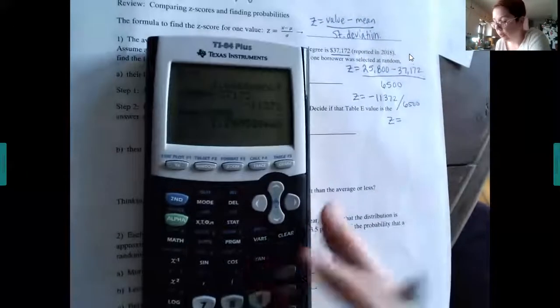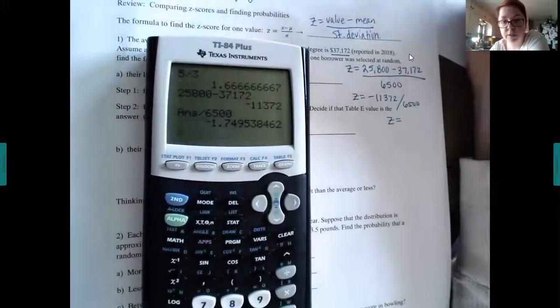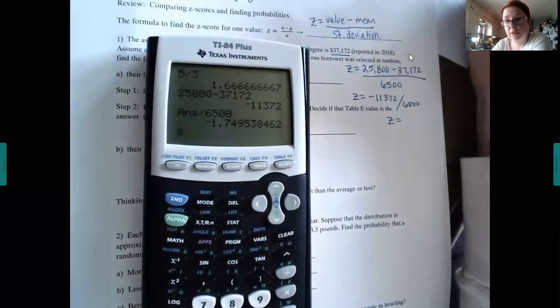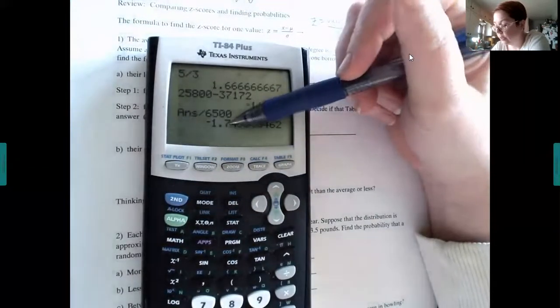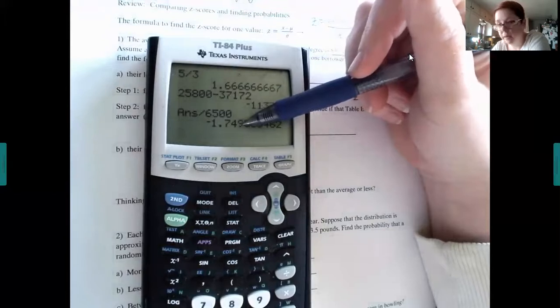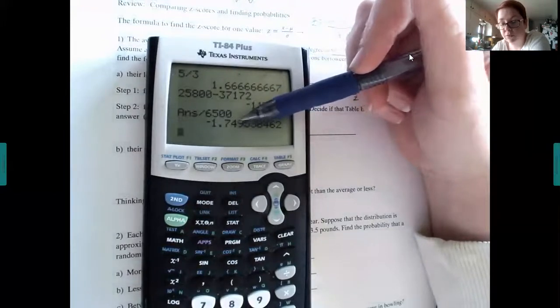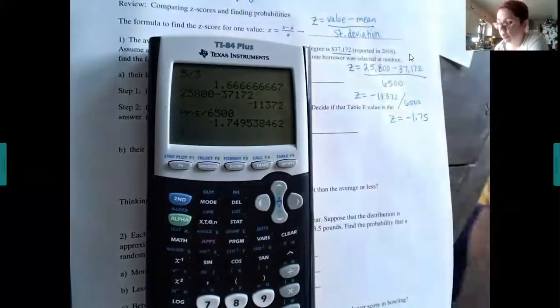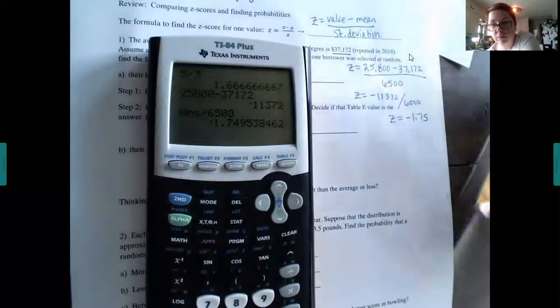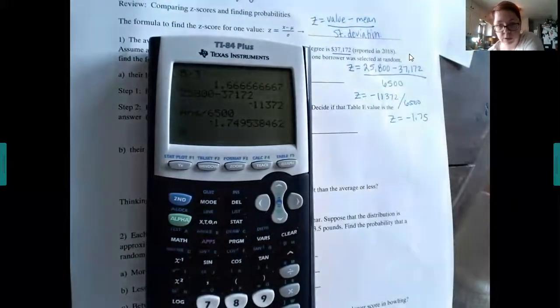Okay, our table, when we look up our z-scores, goes to 2 decimals, right? So we're going to round this to 2 places. This 9 is big enough to change that 4 into a 5. So again, this is why our rounding rules are very important.